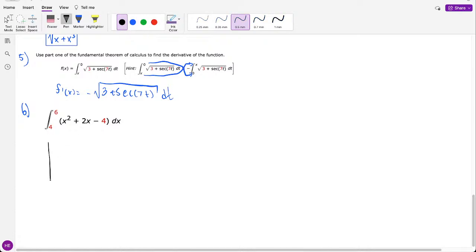I'm going to draw a little diagram just to help. Let's go 1, 2, 3, 4, 5, 6. But we're only measuring from 4 to 6.